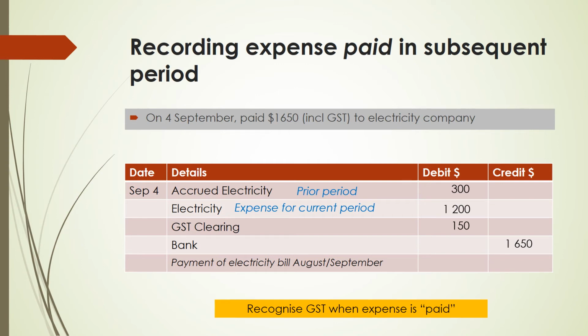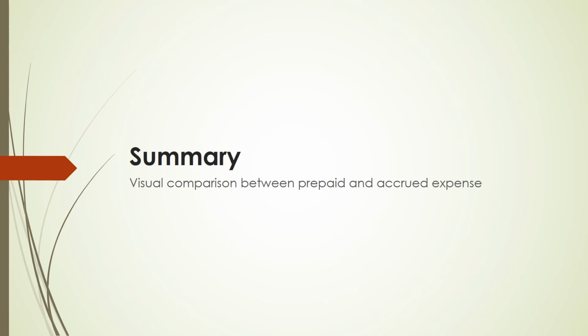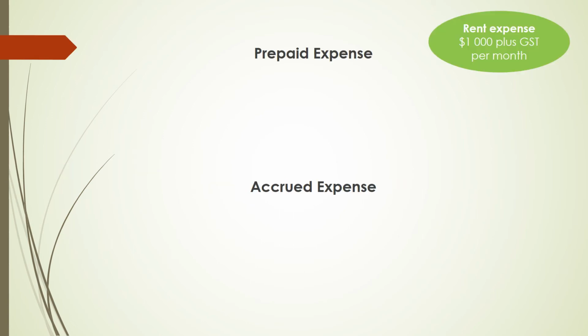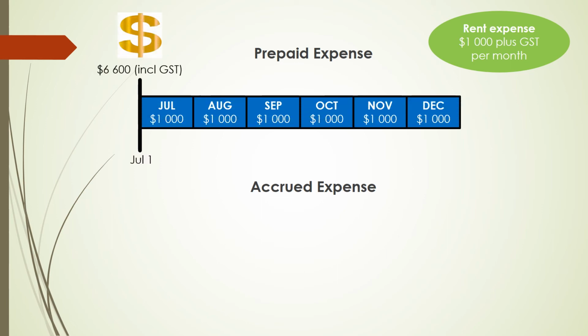In summary, let us have a look at the visual comparison between prepaid and accrued expense. Here I'm going to use the rent expense of $1,000 plus GST per month as an example. With prepaid expense, we are making an upfront payment of $6,600 including GST on the 1st of July for 6 months rent in advance.